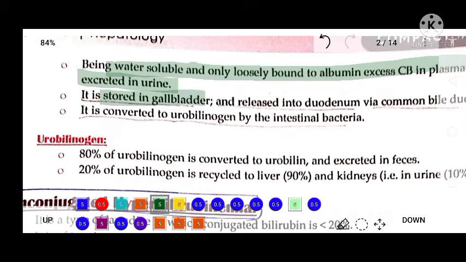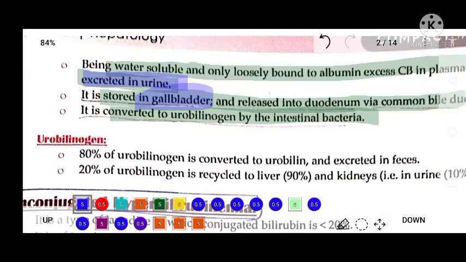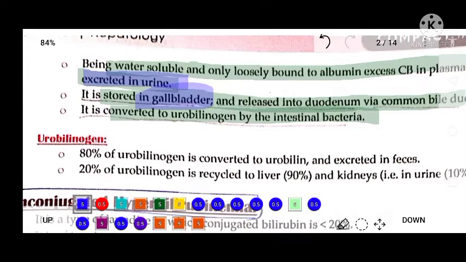It is stored in the gallbladder, released into the duodenum via the common bile duct, and converted into urobilinogen in the small intestine and then released. So what happens? Some problems arise in the gallbladder, some in the small intestine, and excretion problems arise, and in this way bilirubin excretion is stopped.